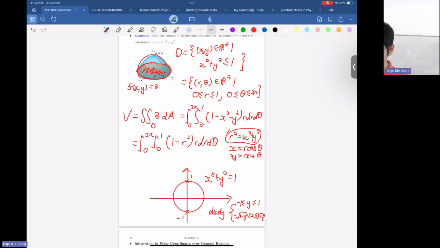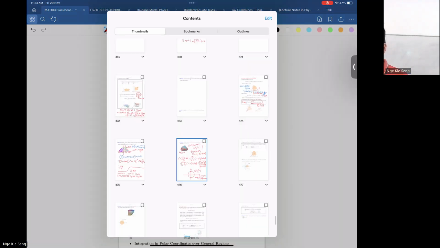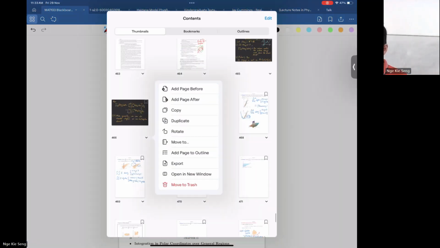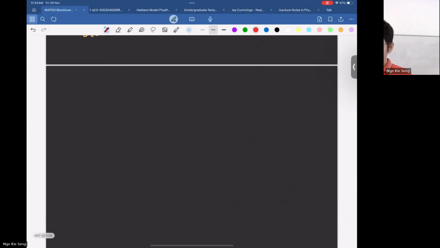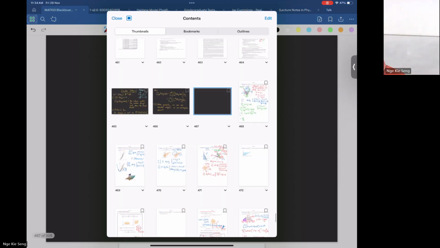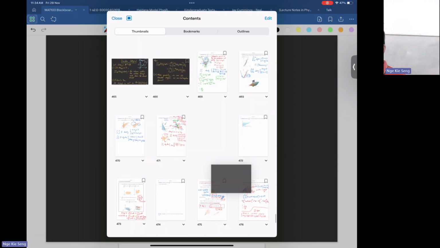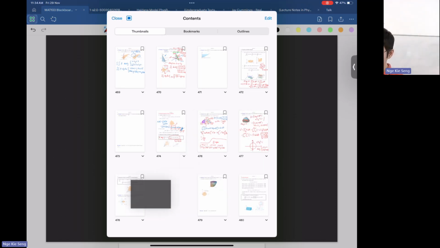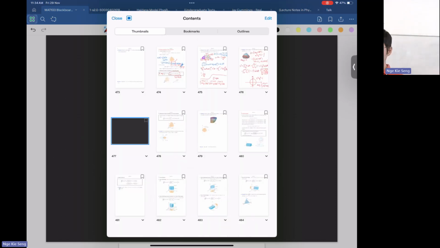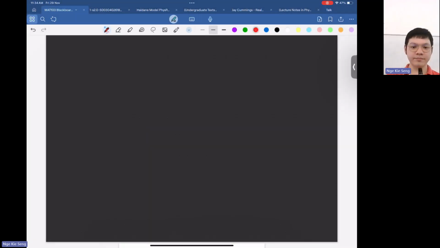How to compute this? You see, I put this behind polar coordinates, right? So it hints that we're gonna use polar coordinates to compute it.